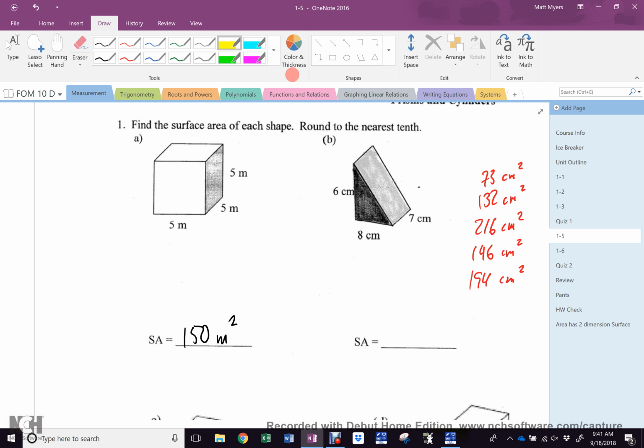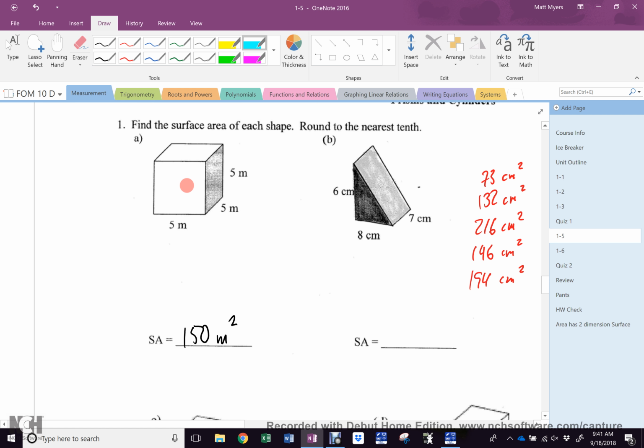So, surface area is what? It's the total outside, right? If I were to take my blue highlighter and paint this thing, that would be the surface area. Does everyone agree? Okay. So, let's pretend that we don't ever have any formulas for whole prisms, right?